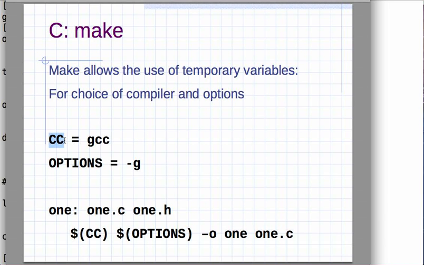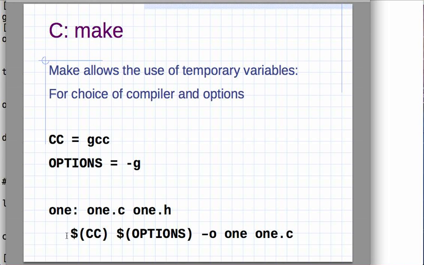You don't have to, but that's the convention, to say CC is an alias for GCC. It looks somewhat like shell variables in a script. It's not quite the same, but it's kind of similar.